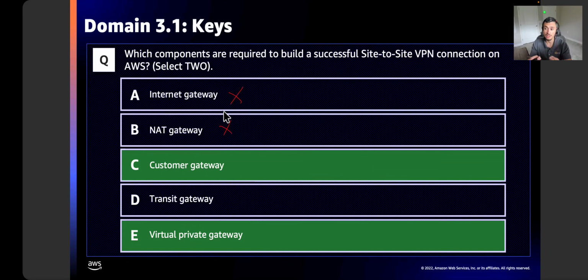That would be by using a NAT gateway. And then a transit gateway is when we have, sorry, hundreds of VPCs that we would like to connect together. We can use a transit gateway as sort of a hub and spoke model for creating routing rules between these hundreds of VPCs, right? So it doesn't really fit into the question here.